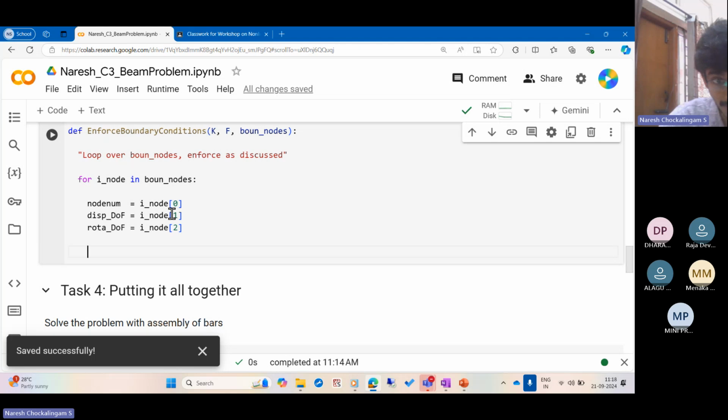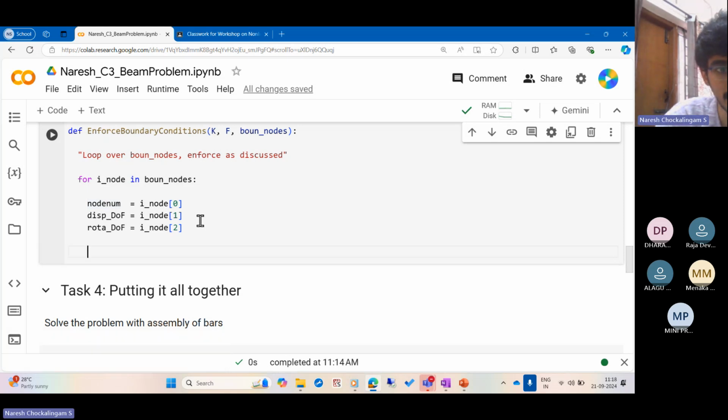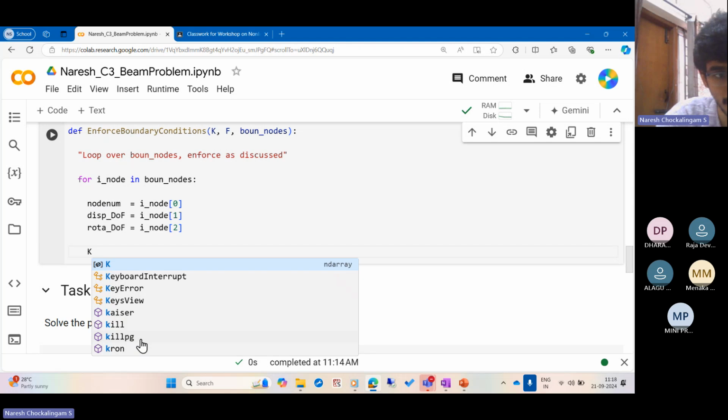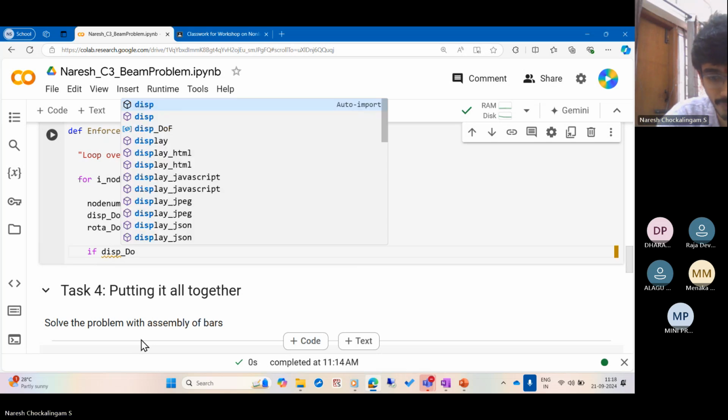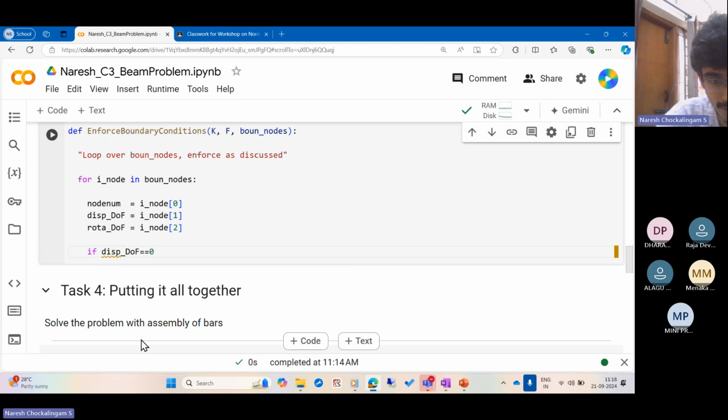Okay. Now corresponding to the node number, what are the displacement degrees of freedom in the global stiffness matrix? So K of, now I have to set one row equal to 0, right? If the displacement degree of freedom is 0, then what should I do?